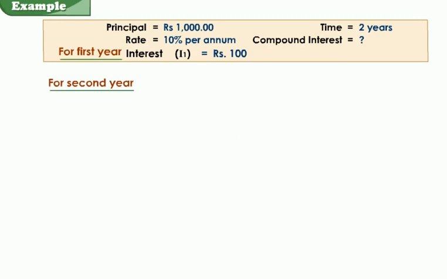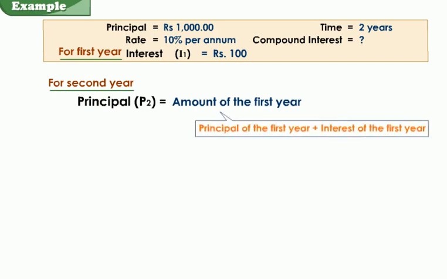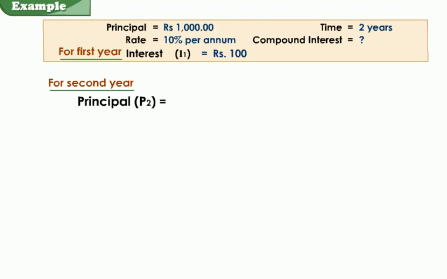Now for the second year, the principal P2 will be equal to the amount of first year, that is, the sum of principal and interest of first year. That is, P2 equals P1 plus I1, that is, rupees 1,000 plus 100, which gives us rupees 1,100.